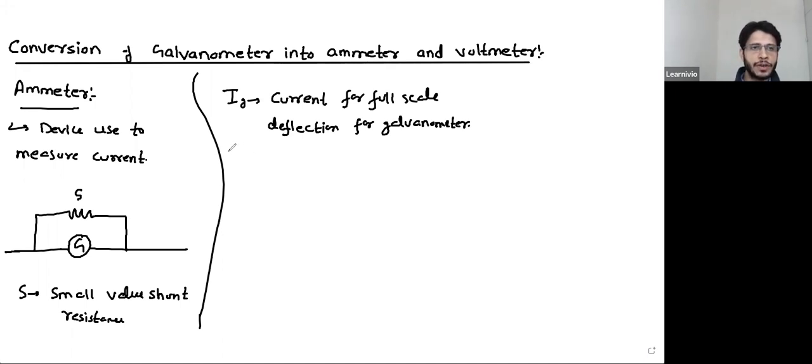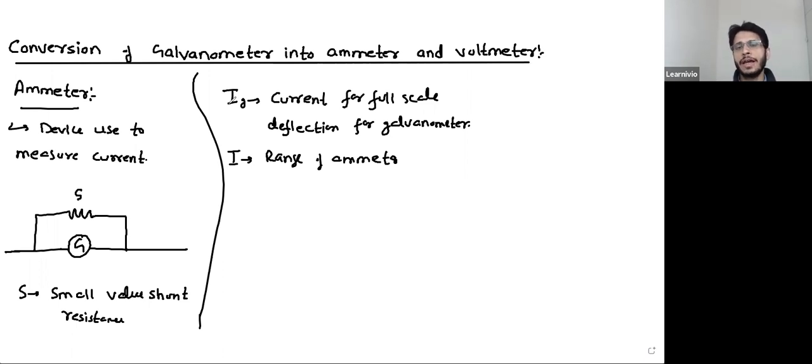After IG, we have one more term, which is I. I is the range of the ammeter. So this IG is the maximum current that you can pass through your galvanometer. This is usually in milliamperes. I is the range of your ammeter. The current that you want to measure with your ammeter is the range of the ammeter.